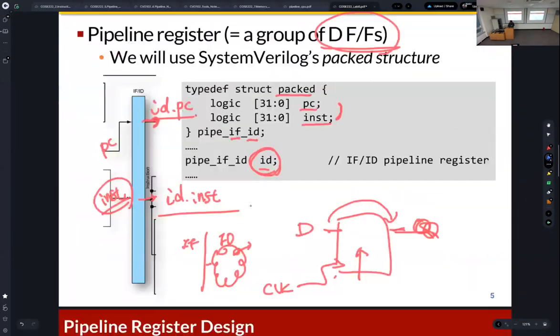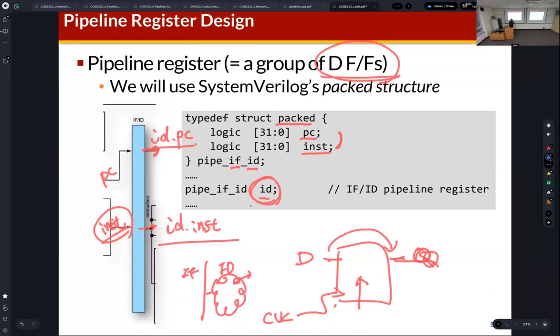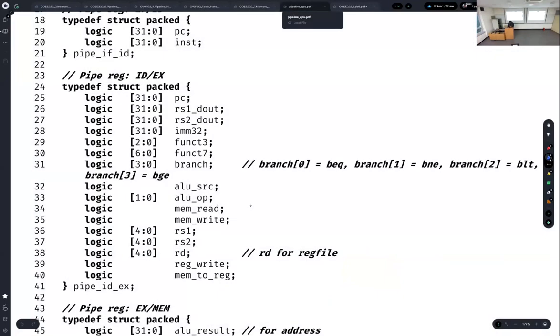So actually, in this lab assignment, you need to implement the pipeline registers using the struct instruction type. And if you see the skeleton code, there is the skeleton code.